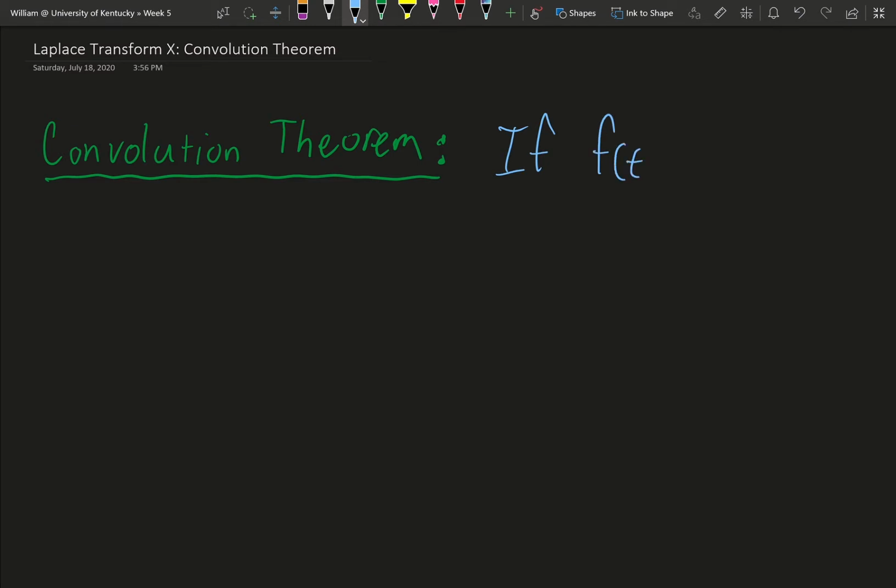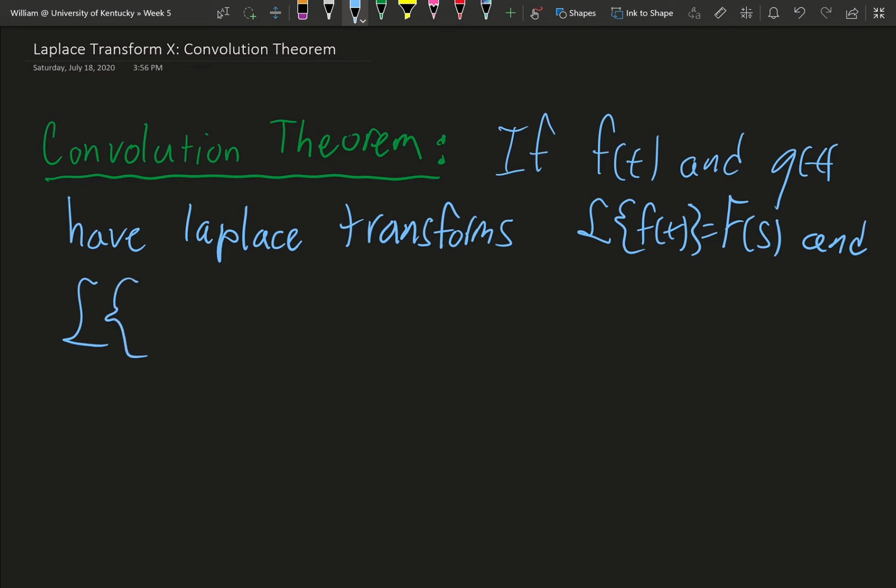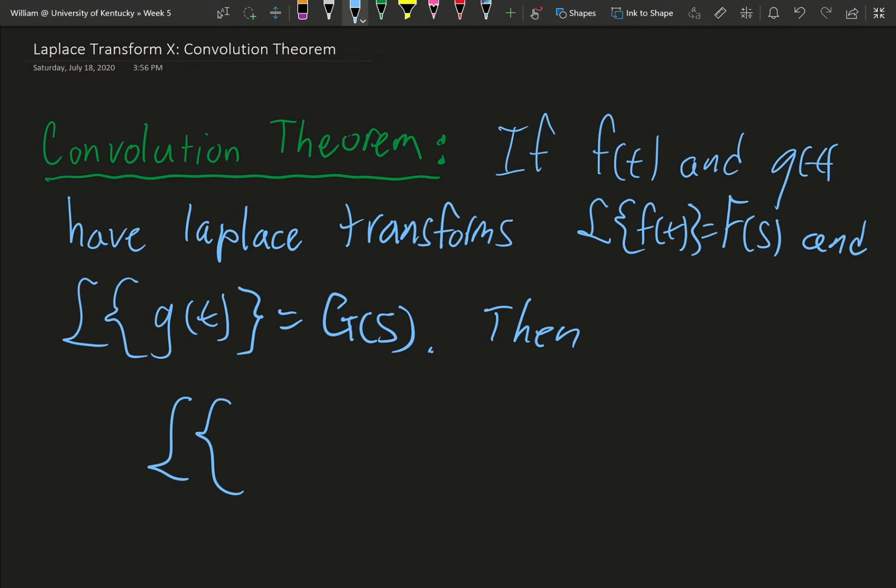So if f of t and g of t are functions, and they have Laplace transforms, capital F of s and capital G of s, then the Laplace transform of the convolution of f and g is just equal to the product of their Laplace transforms.